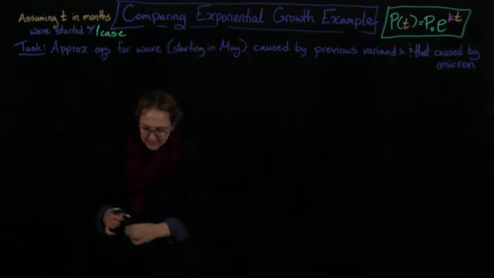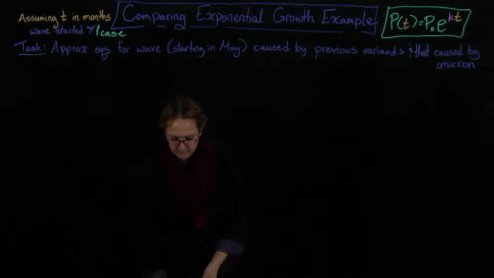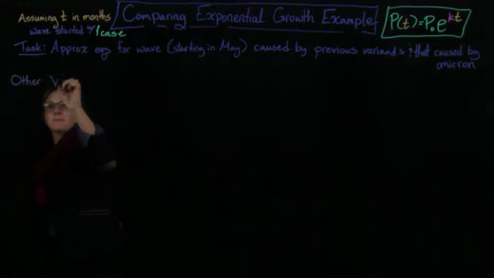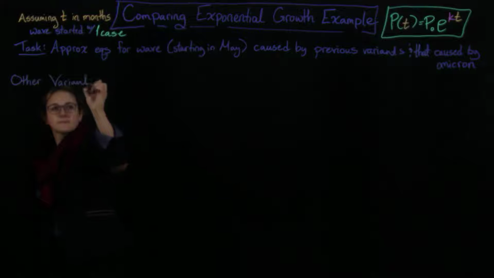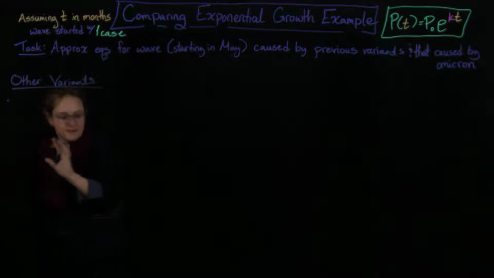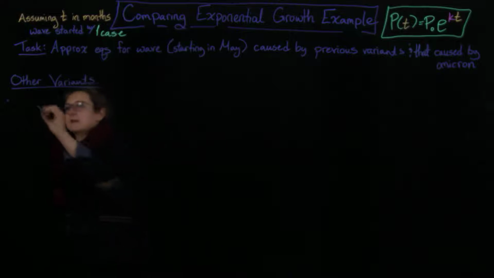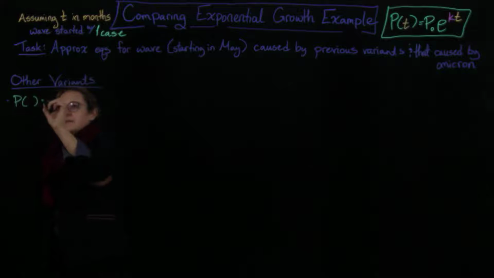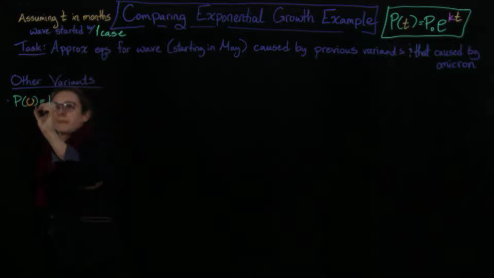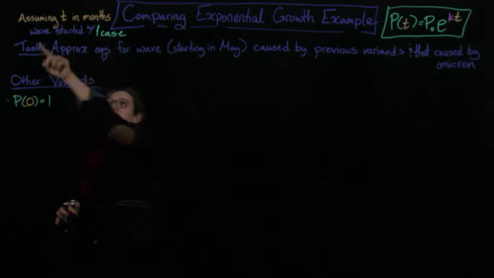Let's start with the other variant. So let's first look at what happens with the other variant. The info we have to start out is that P of 0 is going to equal 1, which comes from the fact that we said we started with one case.